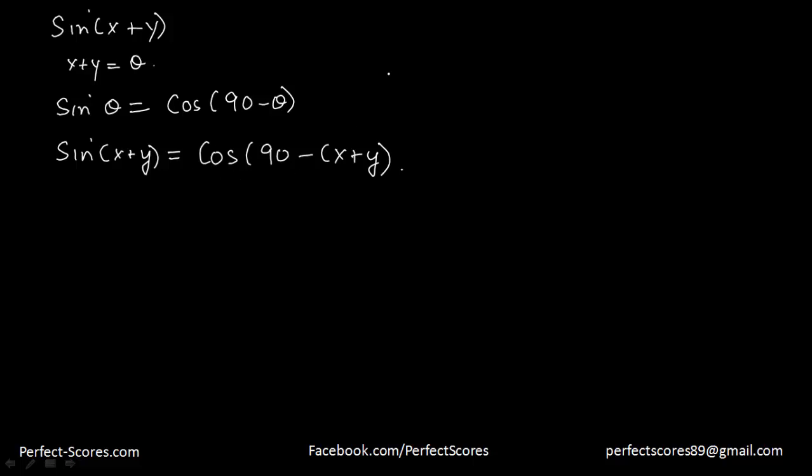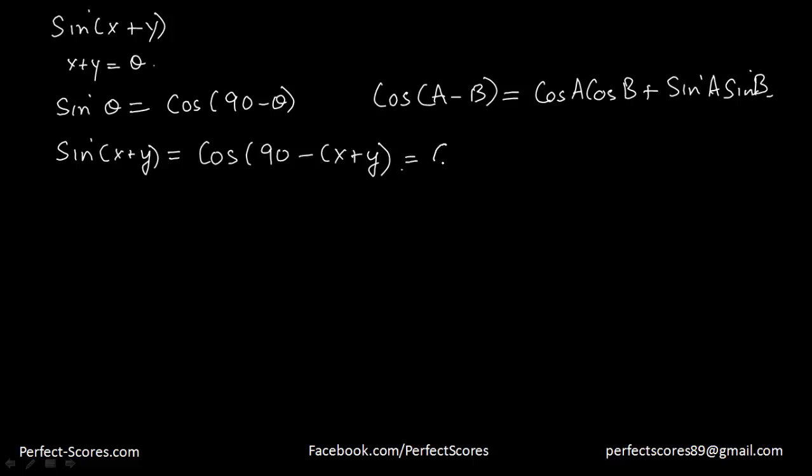Now we're going to use the expression that cosine of a minus b, that is the value of cosine of a minus b, is actually equal to cosine a cosine b, something that we've just established, plus sine a sine b. I'm writing it here so that you start to remember it.